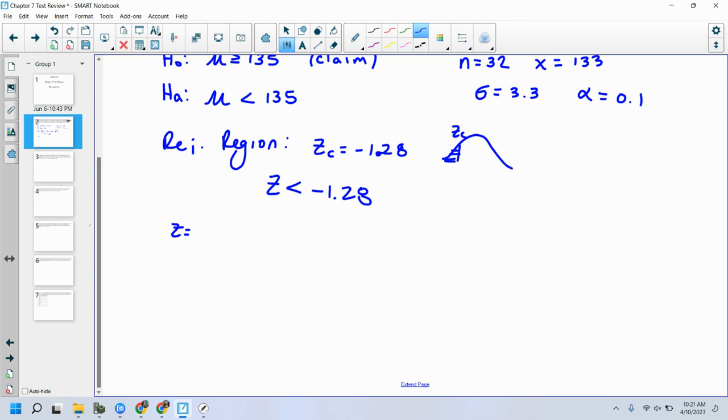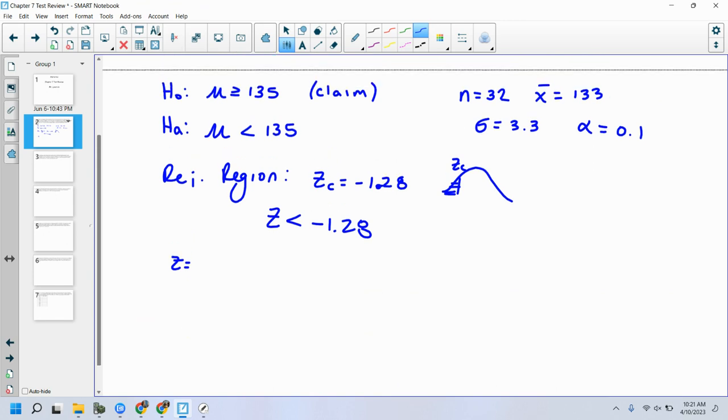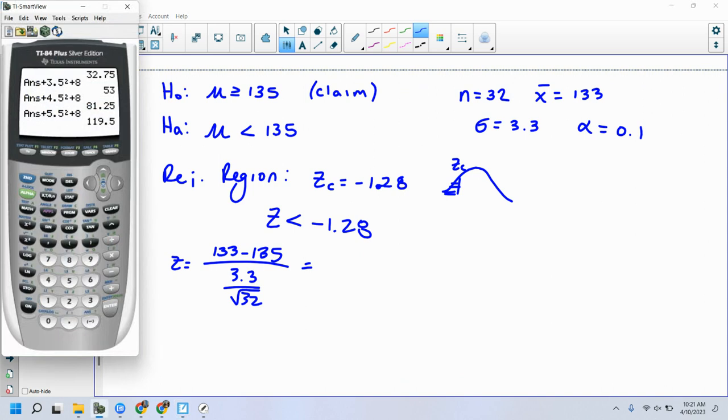X bar minus mu, 133 minus 135. I've done this a time or two. Sigma divided by the square root of n, 32. So 133 minus 135 is negative 2, divided by 3.3 divided by the square root of 32.